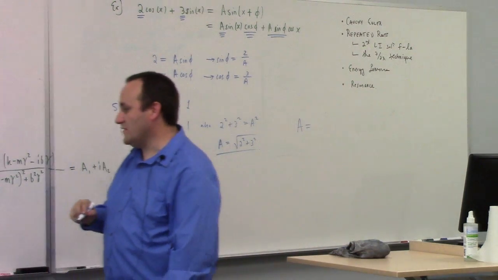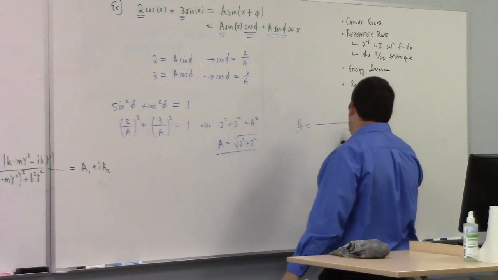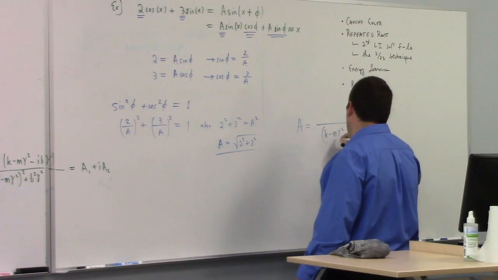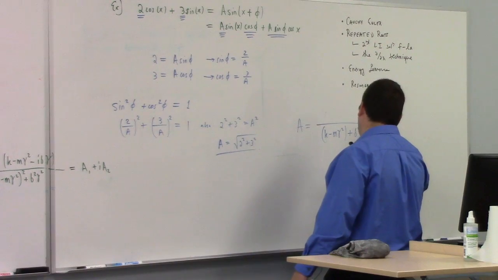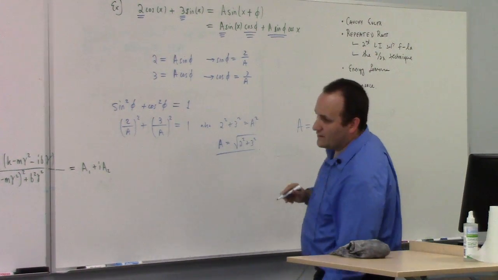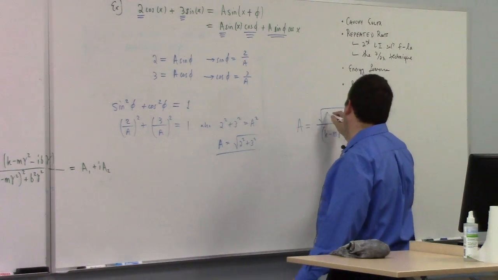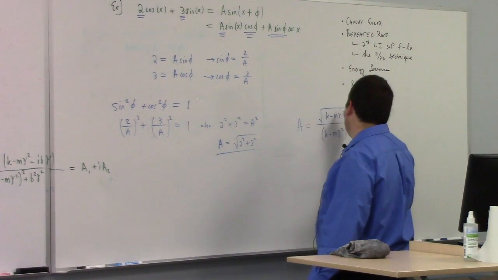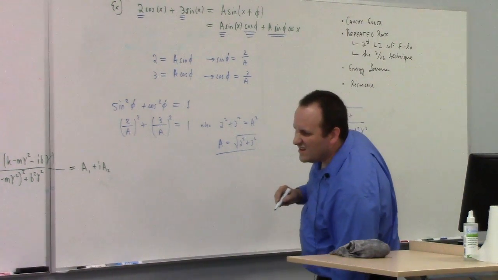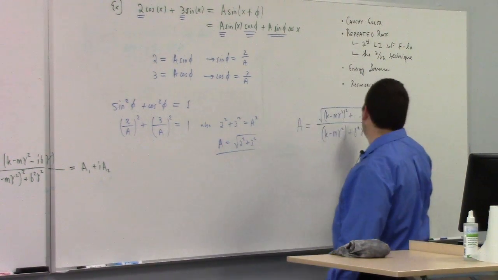So downstairs we've got k minus m gamma squared plus b squared gamma squared, and upstairs we have the square root of k minus m gamma squared, squared, plus b gamma squared.